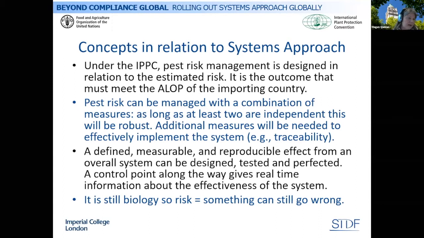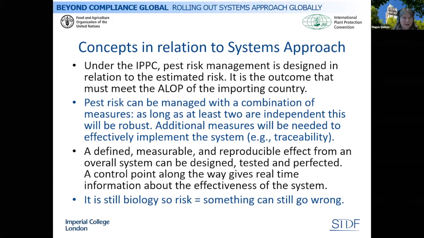So then the other concepts I wanted to summarize: pest risk can be managed with a combination of measures. And we'll talk about what independent measures means. So you may have to have some other measures to implement a system that hasn't been required. So if you are relying on fumigation at the end, after consolidation in the packing house, then you would be thinking about what's happening in the packing house to the shipment, to the export site where the fumigation chamber might be.